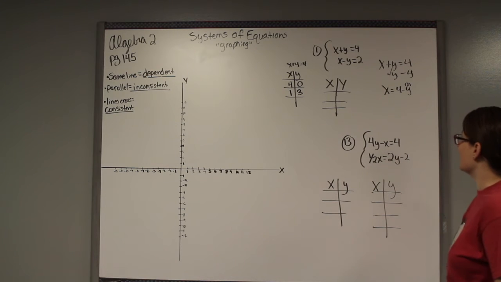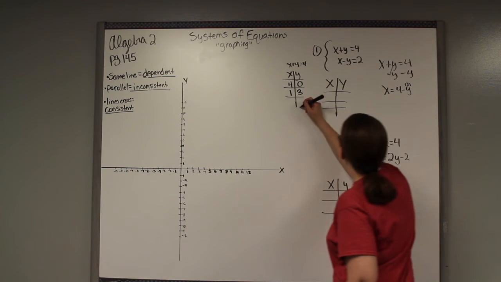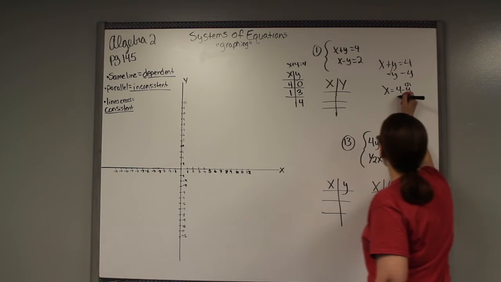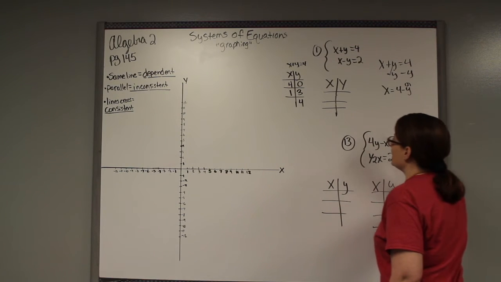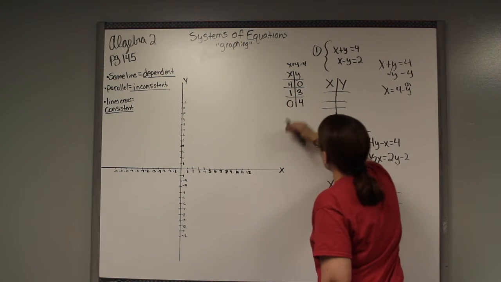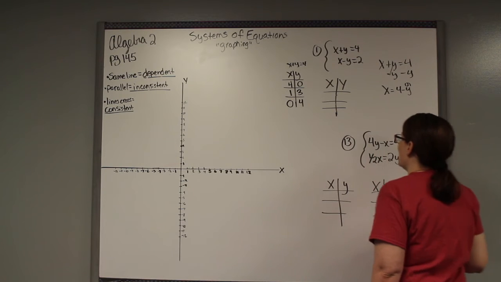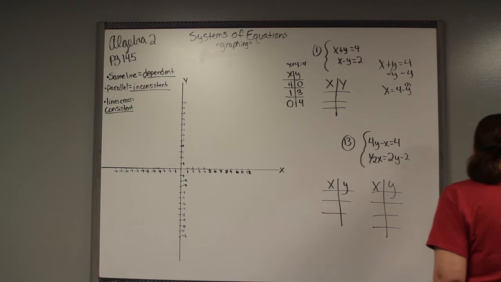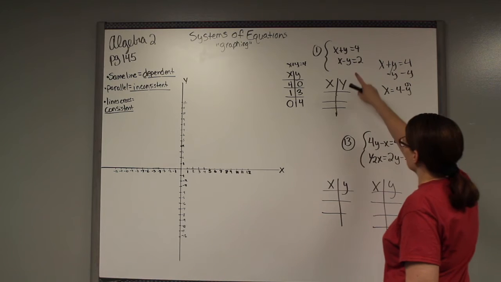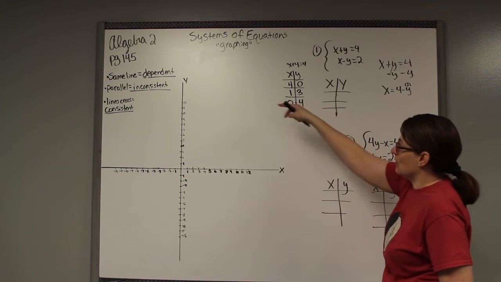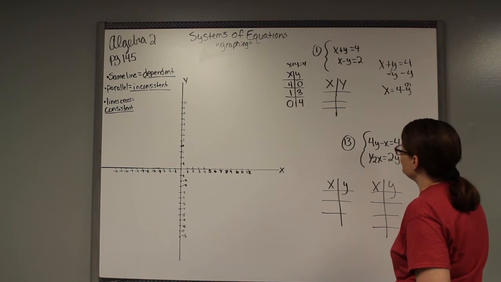And if I say y is 4, 4 minus 4 makes 0, so x is 0, and I have points to plot that line. Okay, so I need to do it again with the other equation, and then I'm going to plot both of those lines on here.